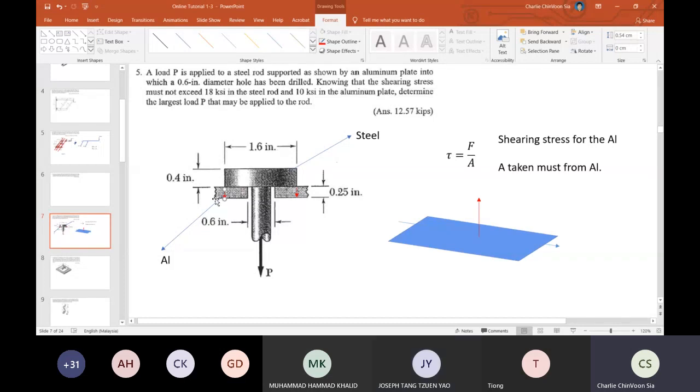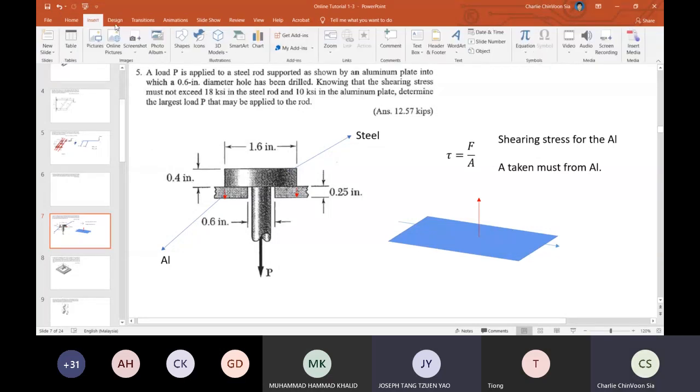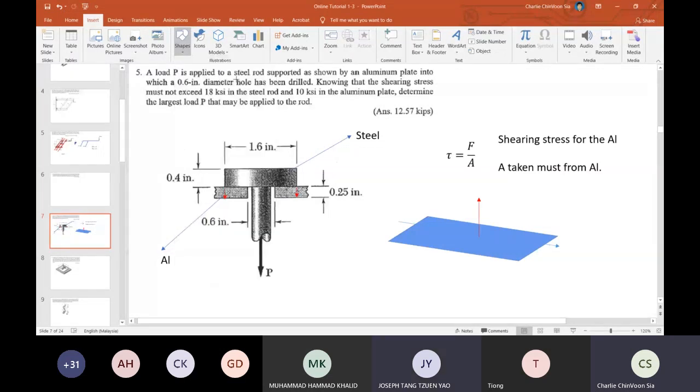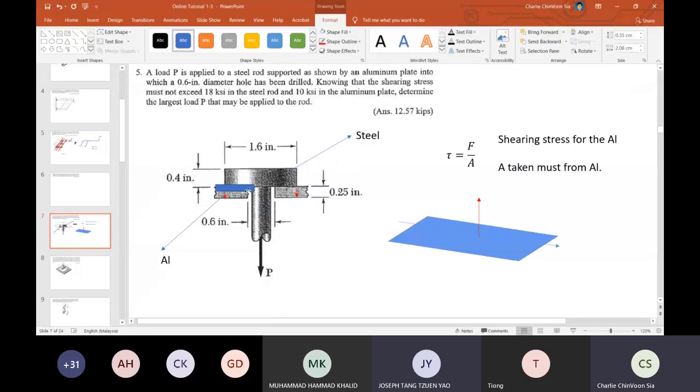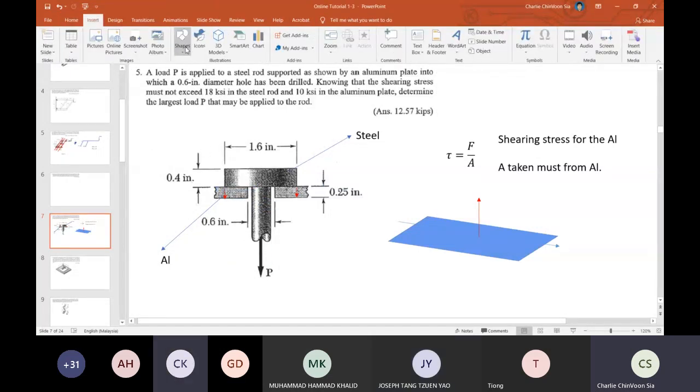What will happen to the aluminum plate? Break. Well, not break, the hole will become bigger, isn't it? Punch through, right? Let me show you this section.